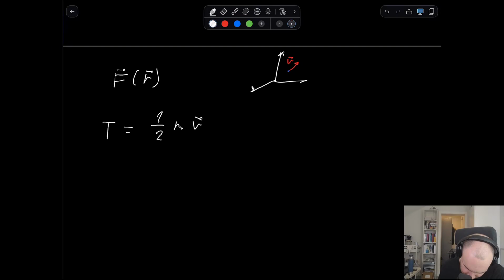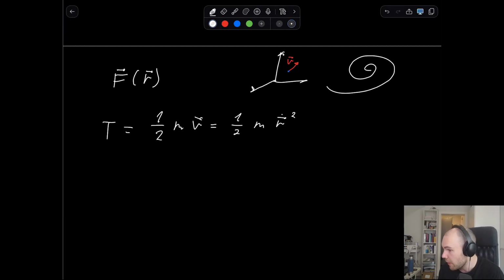Then we can write this as 1/2 m r dot squared, because of course we want the parametric form. We don't just think in x, y, and z, because a particle can spiral like this, which would defy what it means to be a function.